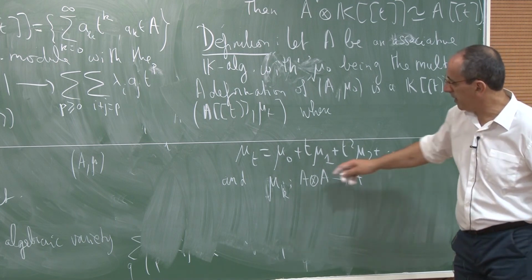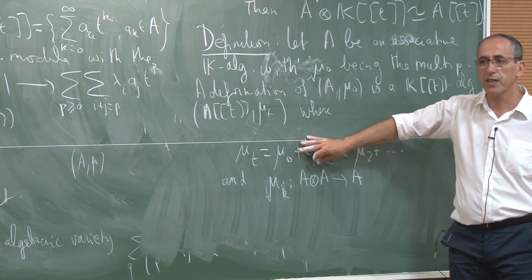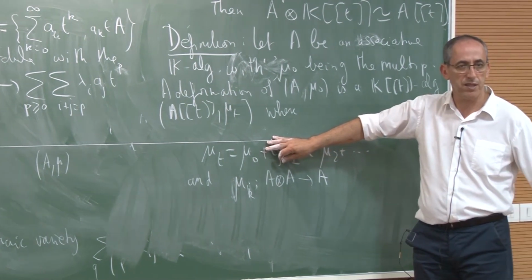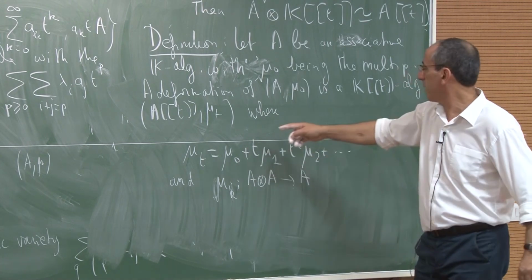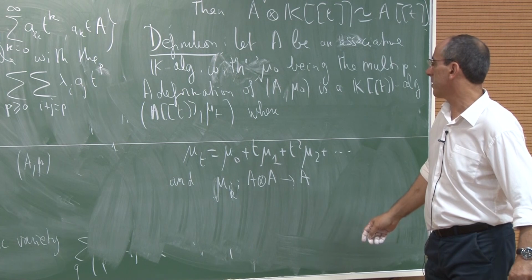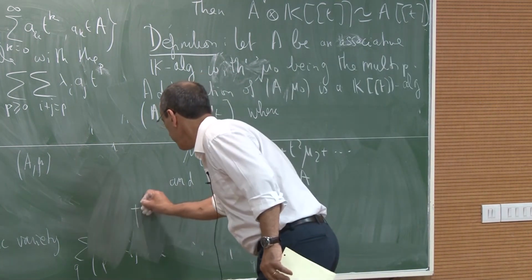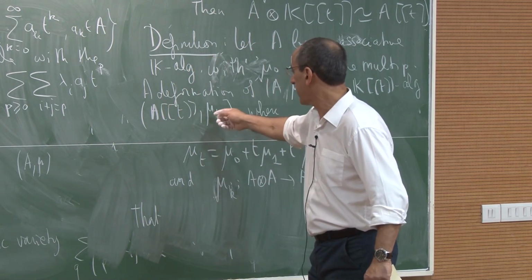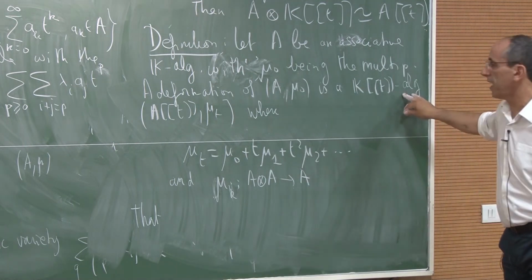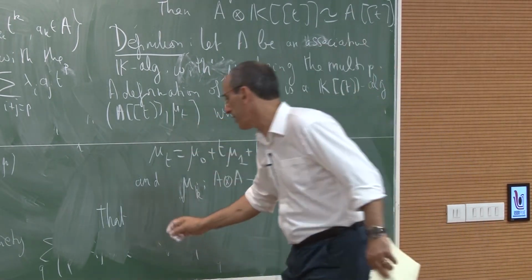And now you can notice that if the parameter t equals 0, then we get mu_0. Such an algebra is a KT algebra. I'm saying that it's a KT algebra, which means that this mu_t is associative. That is, mu_t is associative.